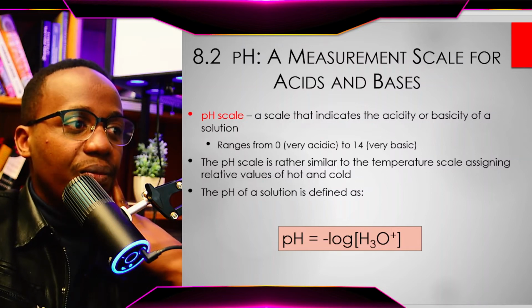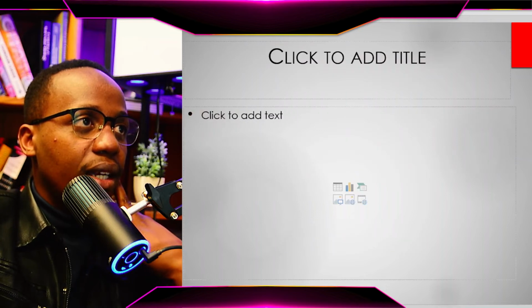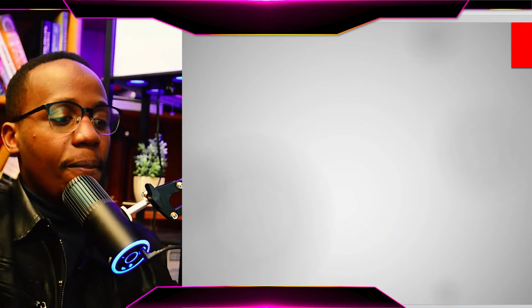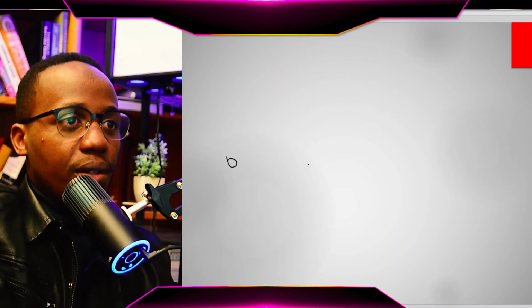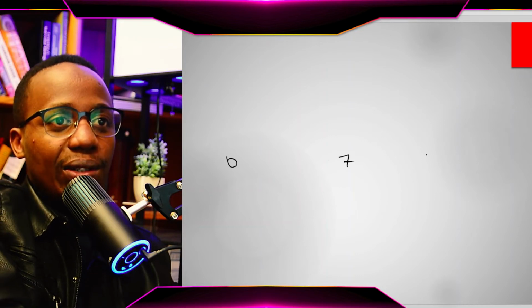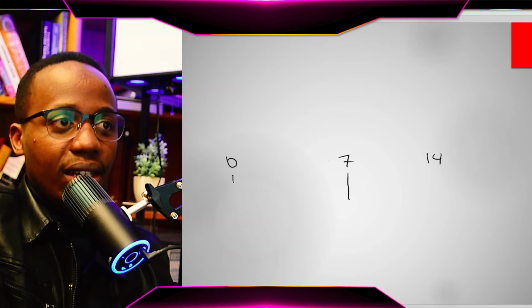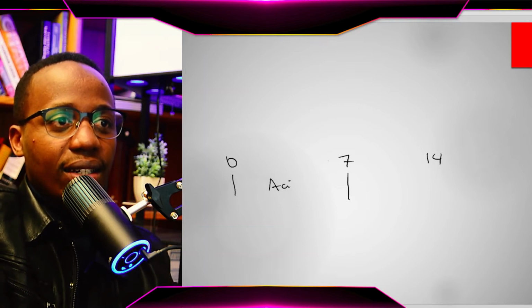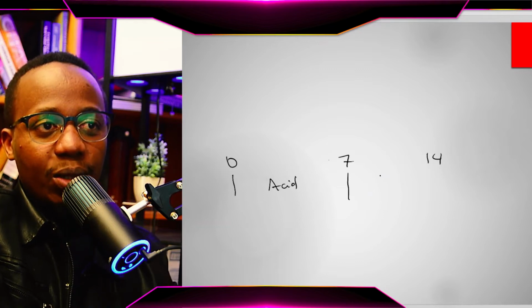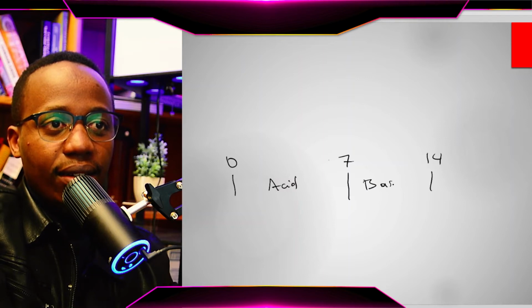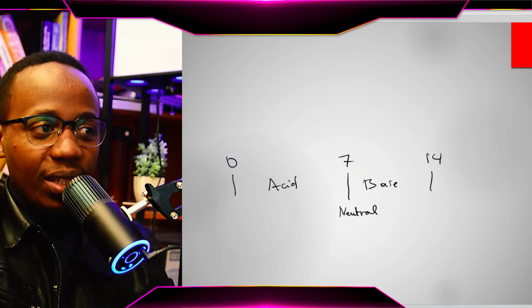So pH goes from 0 to 7 to 14. If something is between 0 and 7, it's an acid. If something is between 7 and 14, it's a base. And if something is in the middle, it's neutral. That's the pH.